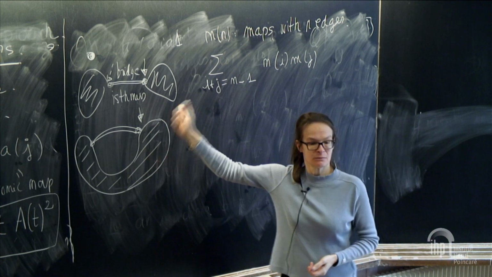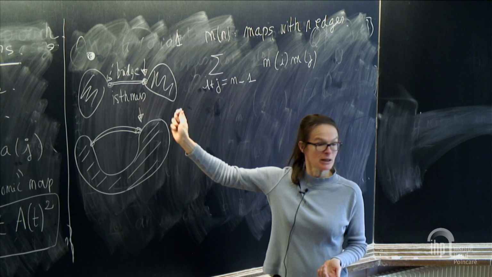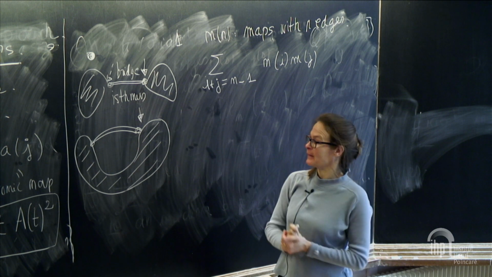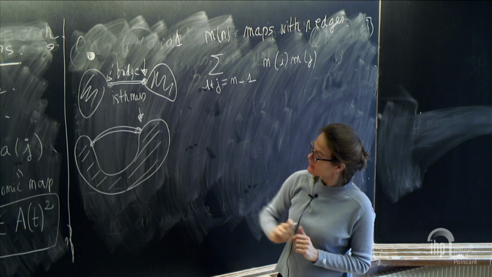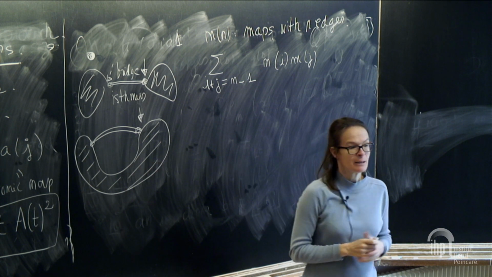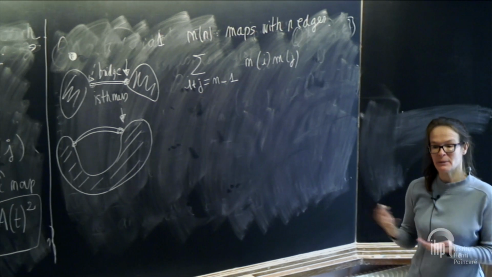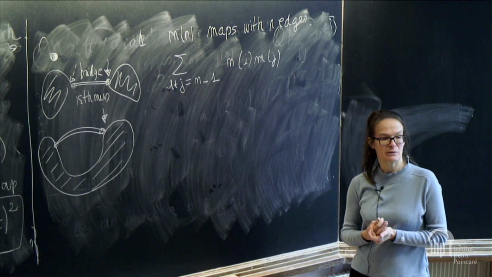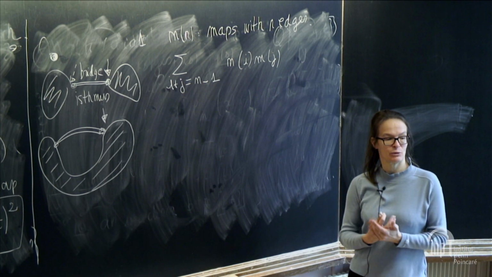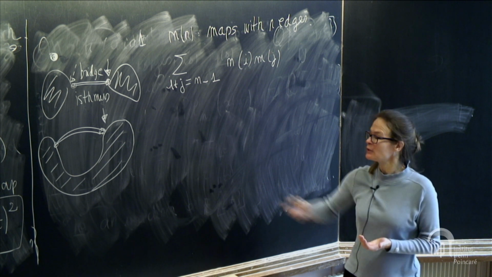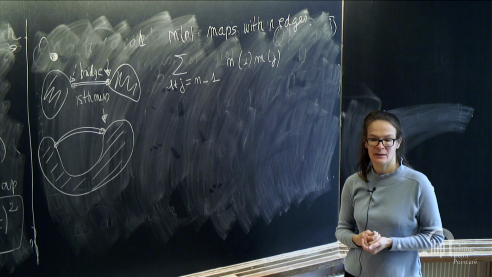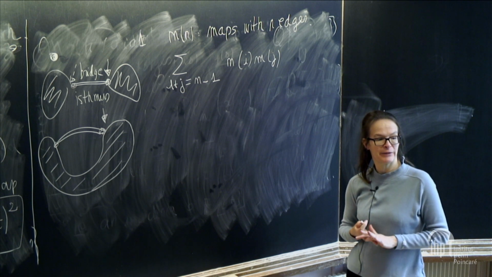So, okay, I erase the root edge and I get a map of size n minus 1. But can you see what the problem here is when you want to count maps using this description? What should I write here? How many maps of this type are there?